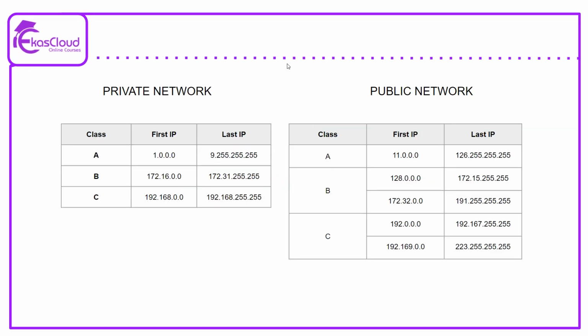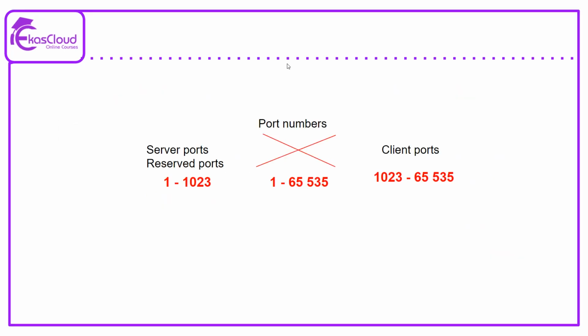Last but not least, there are port numbers. Those who are programming every day know that port numbers are used for the services which need to be identified by numbers.